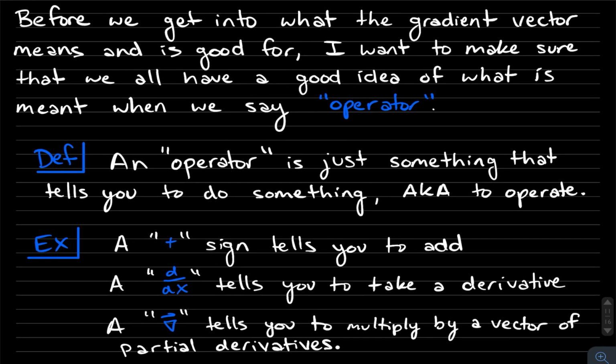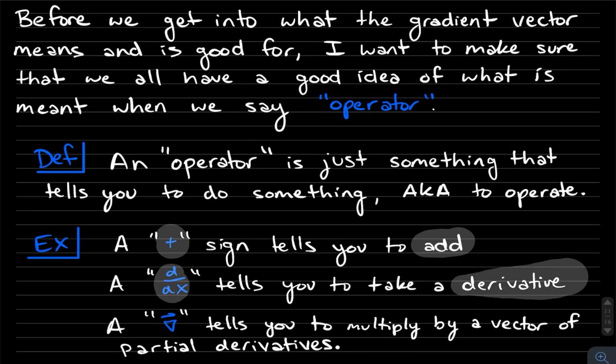For instance, a plus sign tells you to add two things. A d over dx tells you to take a derivative. This thing right here is called the derivative operator. And a del operator tells you to multiply by a vector of partial derivatives.